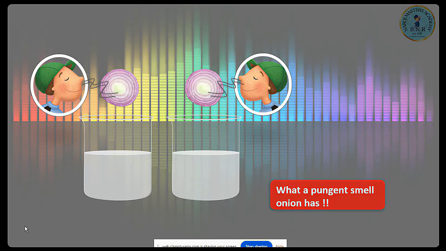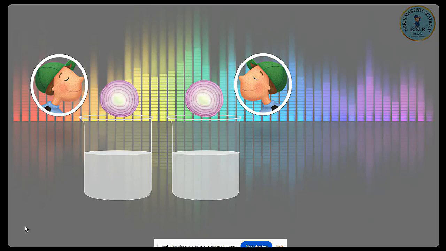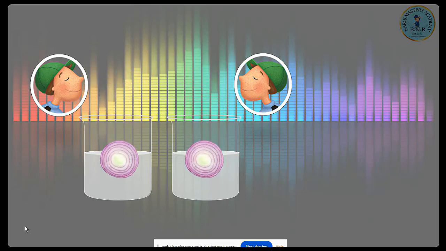Onion smell goes off in the second beaker, whereas in the first beaker the onion smell remains. It means the onion slice loses its odor when immersed in a base solution, whereas in acid solution it remains present.